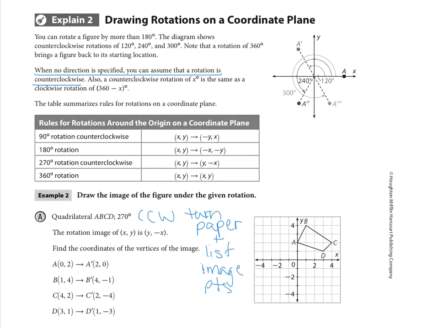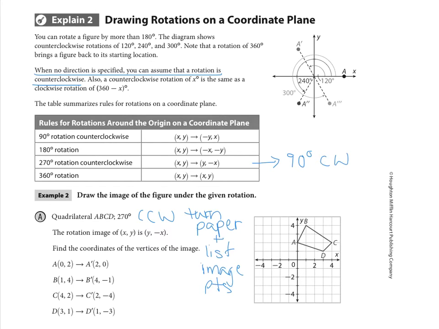So here we go. We are going to rotate 270 degrees counterclockwise. Now that would be the same thing as just moving it 90 degrees clockwise. So that's what I'm going to do as far as turning my tablet. I'm going to turn it clockwise or to the right, just a 90-degree turn, okay?